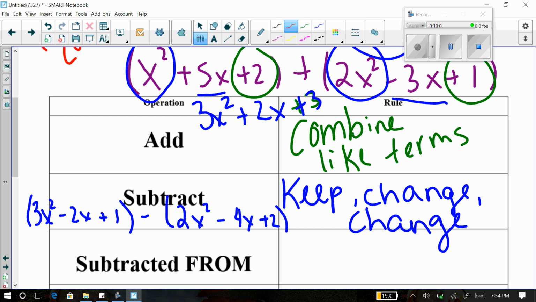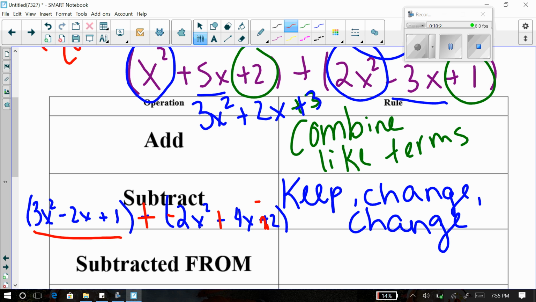When you subtract the polynomials, you keep everything in the first set of parentheses, change the middle sign to a plus, and change all the other signs. So subtract becomes an add, and that also becomes a subtract. And now you just combine like terms.